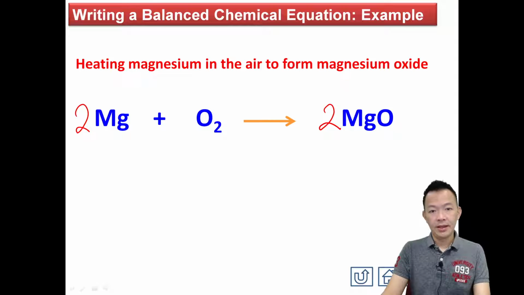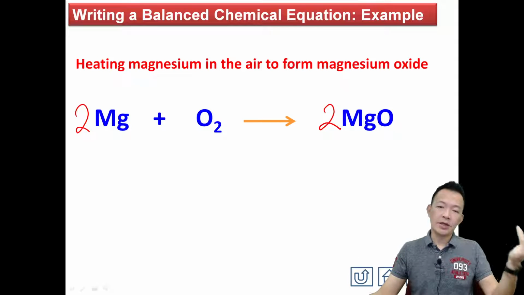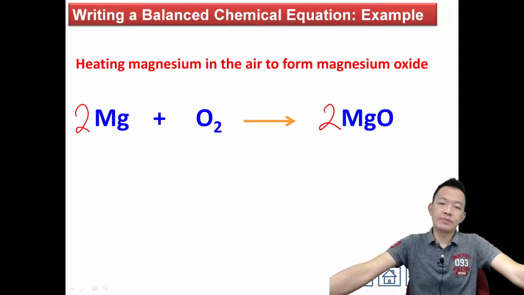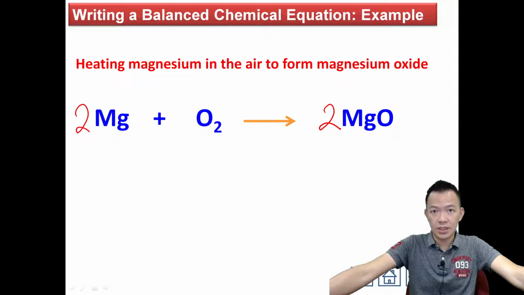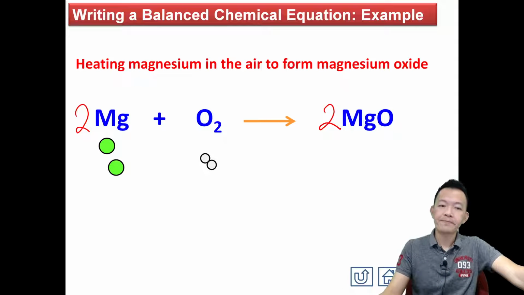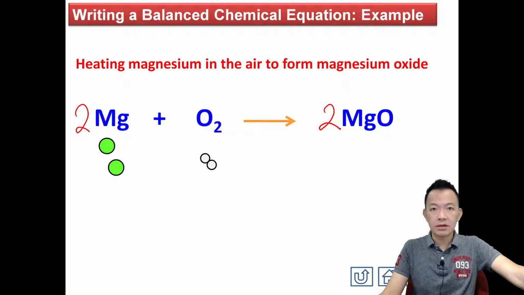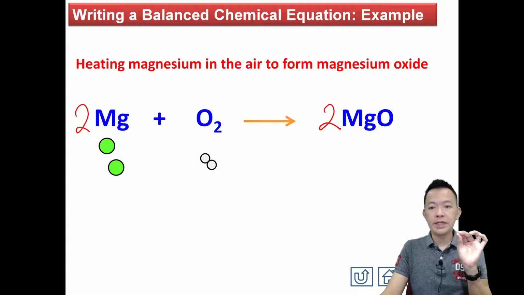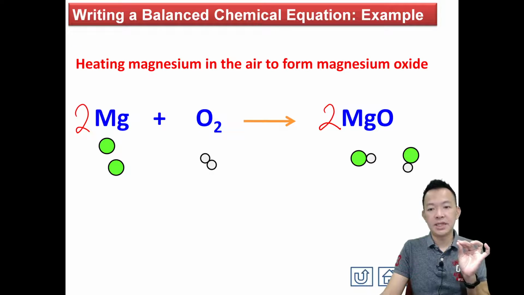Magnesium, OK, 2 oxygens, so balance. Or if you cannot imagine why it must be like this, OK, I show the diagram. 我把它变成图片给你看。那 2 magnesium atom, 这样读啦, 2 magnesium atom react with 1 oxygen molecule, 跟一个氧的分子结合在一起, O2, 这个就是 1 oxygen molecule, and finally it's going to produce 2 magnesium oxide. 它产生了2个的 magnesium oxide.